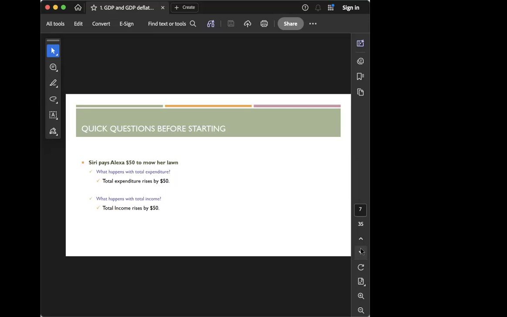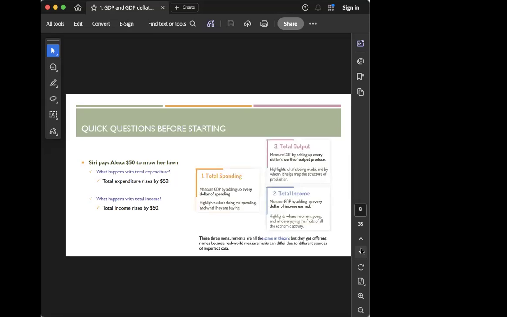So total income also increases by $50. The main point here is that one person's spending becomes another person's income. And this is why, as we talked about last time, for the economy as a whole, total expenditure and total income are connected.